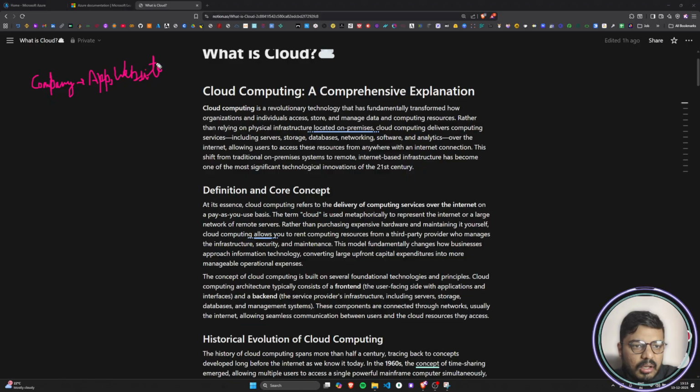Once you have created this application, the development can be done on our laptop, on our local system, on the PCs and everything. But once you have developed your application and your website, these things should be available to everyone in the world. So to make it available to everyone, you will have to host it somewhere.